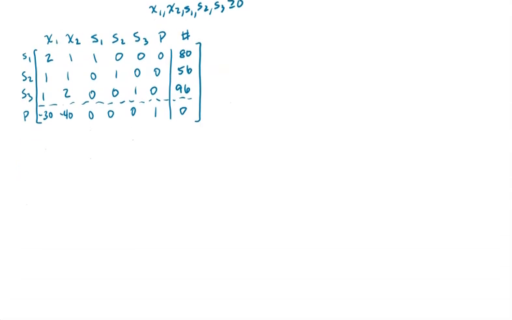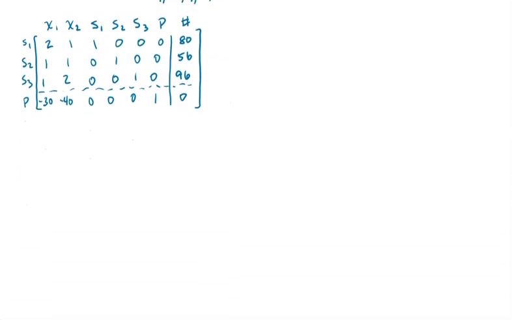All right, let's go ahead and start by finding our pivot. So for the column, biggest number that's negative on the bottom. For our row, we take the numbers to the right and divide them by the numbers in our column.